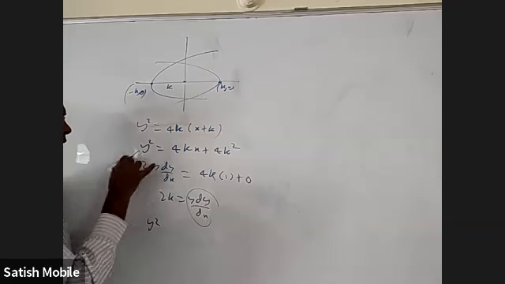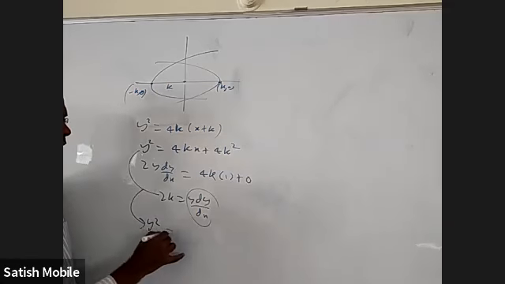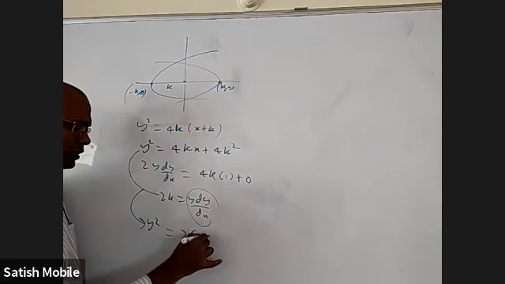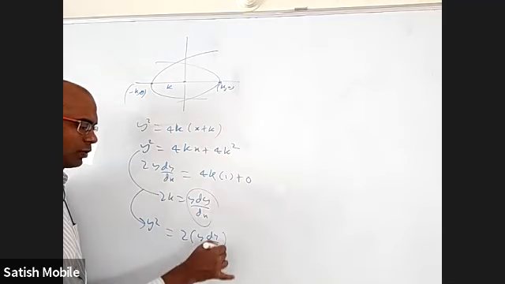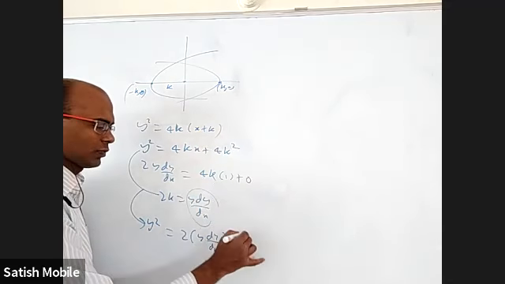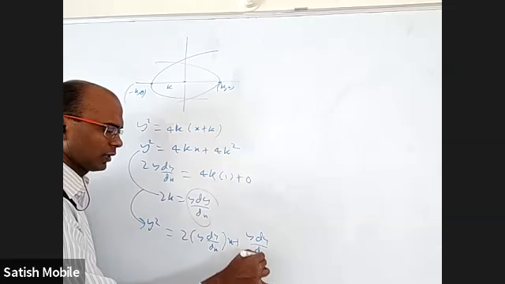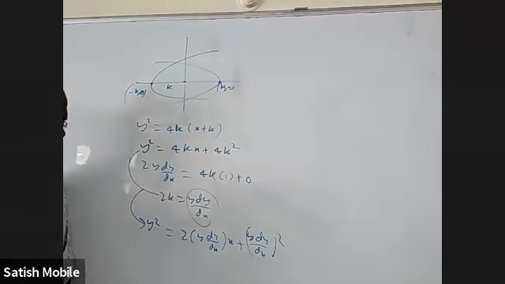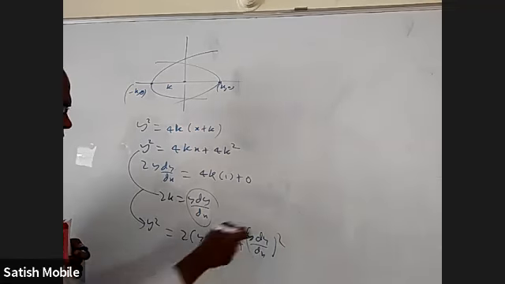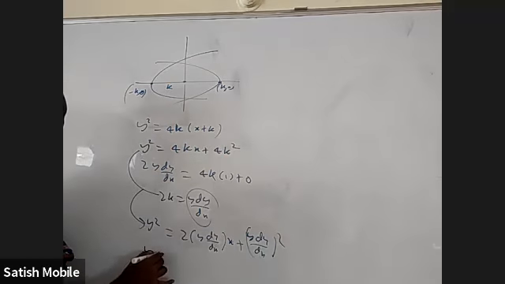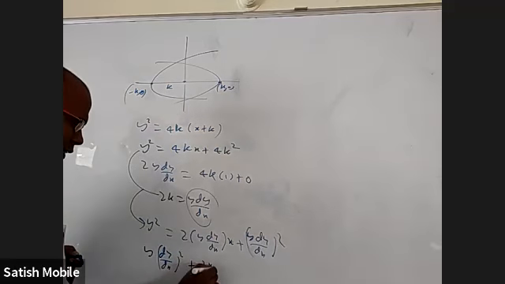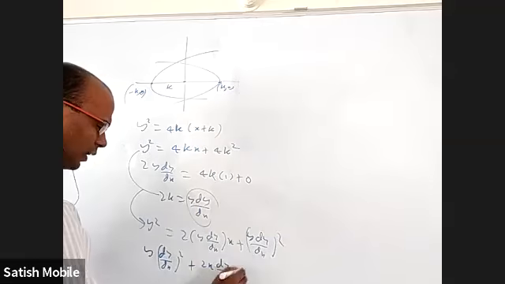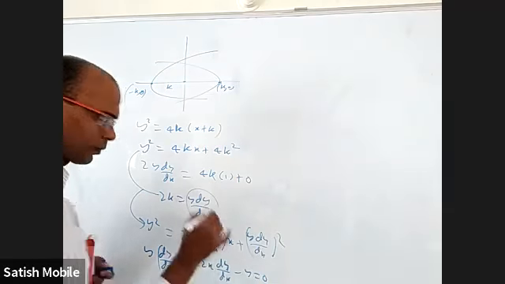Combining these together, this is 2 into 2k, which is y dy by dx into x. 4k square is the square of this, which is y dy by dx whole square. That's all. This is y square, there's a y, there's a y square, so one y can be cancelled. You may get y into dy by dx whole square plus 2x dy by dx minus y equal to 0.